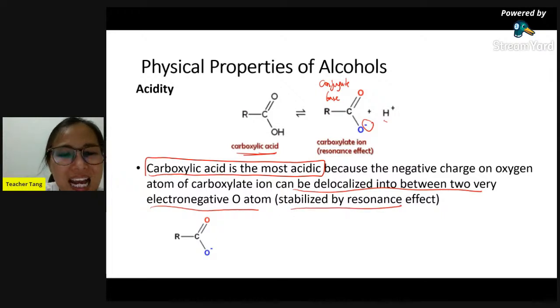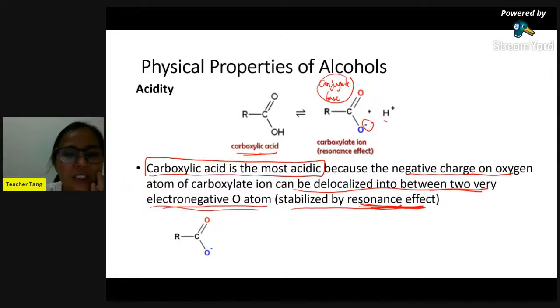Therefore, carboxylic acid is the most acidic. Why is the conjugate base stable? Stabilized by resonance effect. So what is the resonance effect? Delocalization of the negative charge on oxygen between the two very electronegative oxygen atoms.